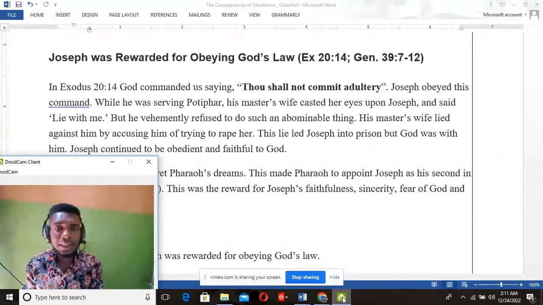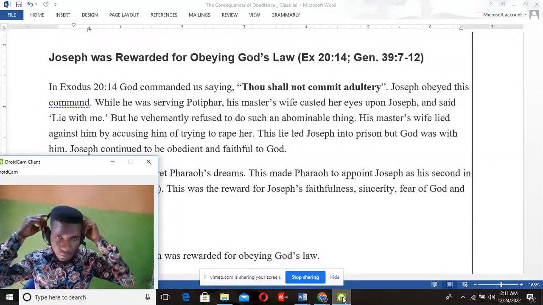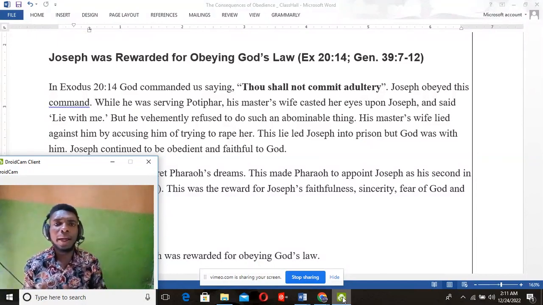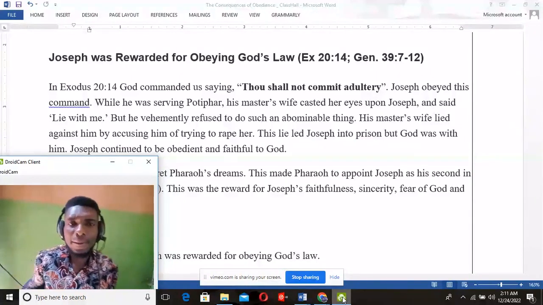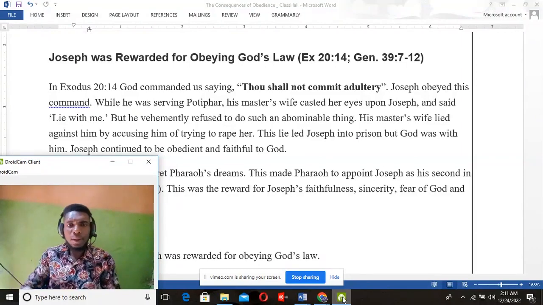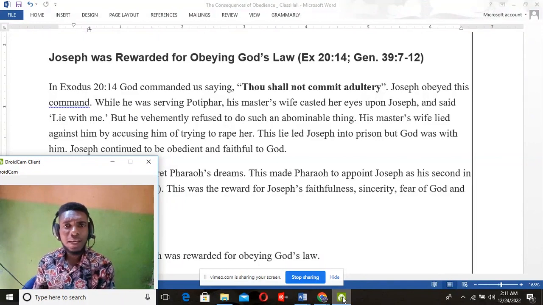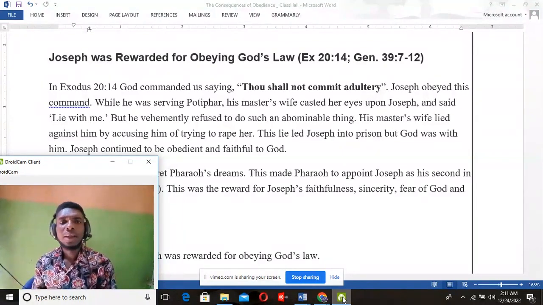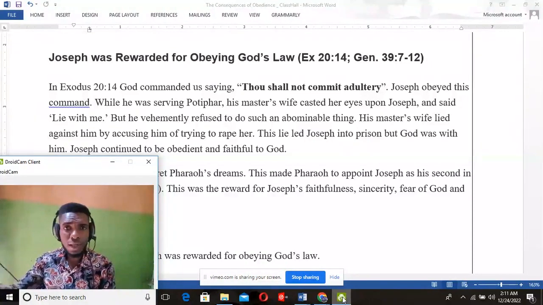So she lied against Joseph. It was a serious offense for someone to attempt to sleep with the wife of his master. The master was not around when all of this was happening. So when he came back, the wife narrated the same story to him, and the master was furious and angry. So he picked Joseph and threw him into prison.